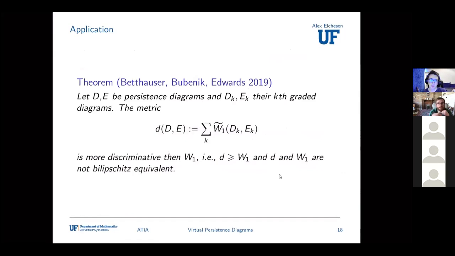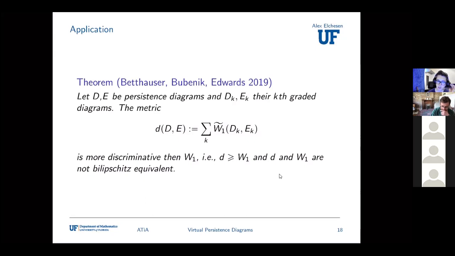Okay, so why do we care about these metrics? Some of that's still work in progress, and some of it was proven in this paper. If you have persistence diagrams D and E, you can consider this metric where you grade the persistence diagrams, take the signed Wasserstein distance between gradings, and sum those together.